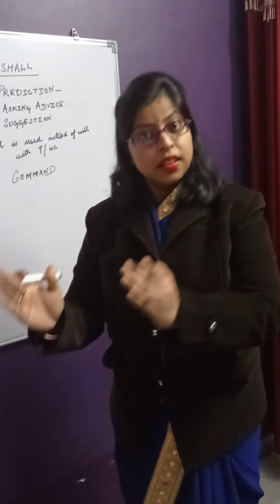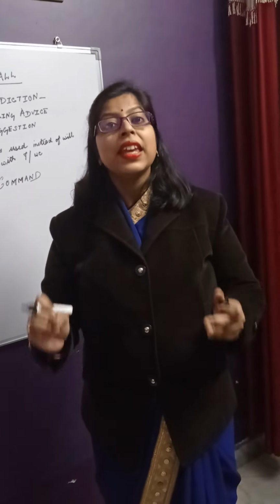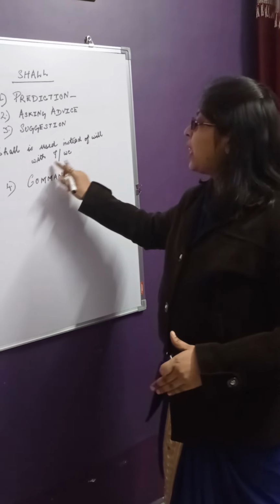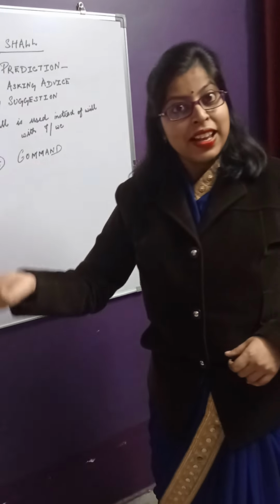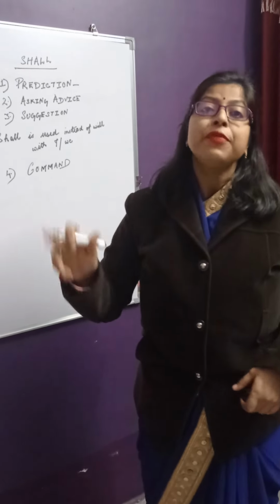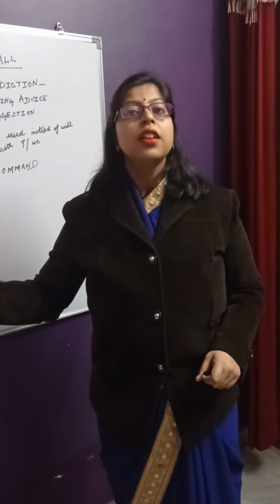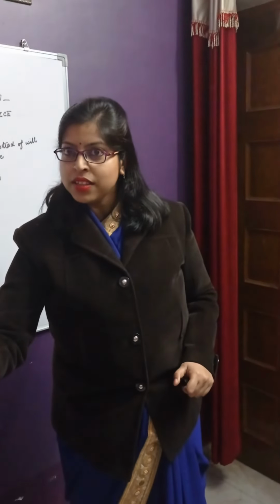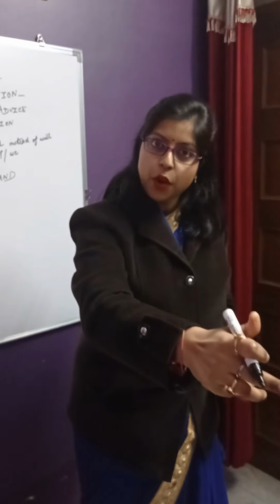See, this is the case where most of my students make mistakes. I immediately told you that we use shall instead of will with I and we. So we have to use shall here. So don't make a mistake. You shall have to leave for London at once. This is an order issued by the boss to his employee. Fine?